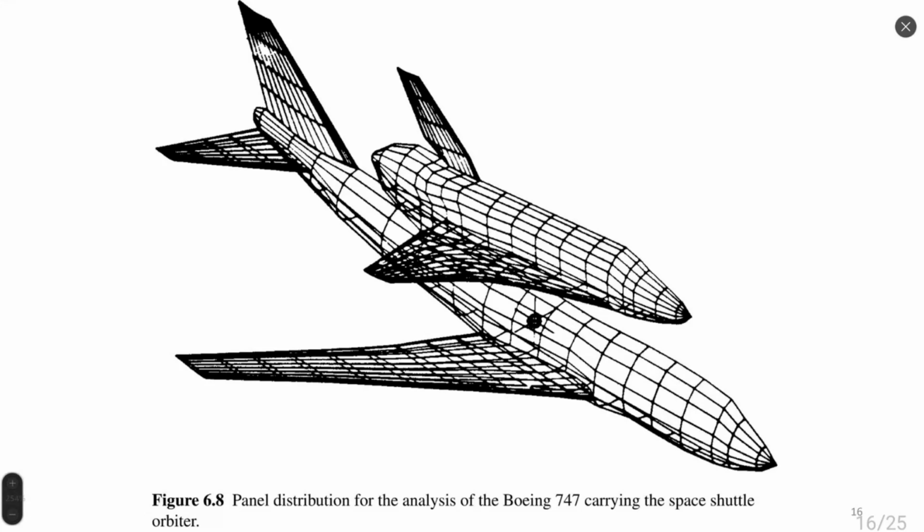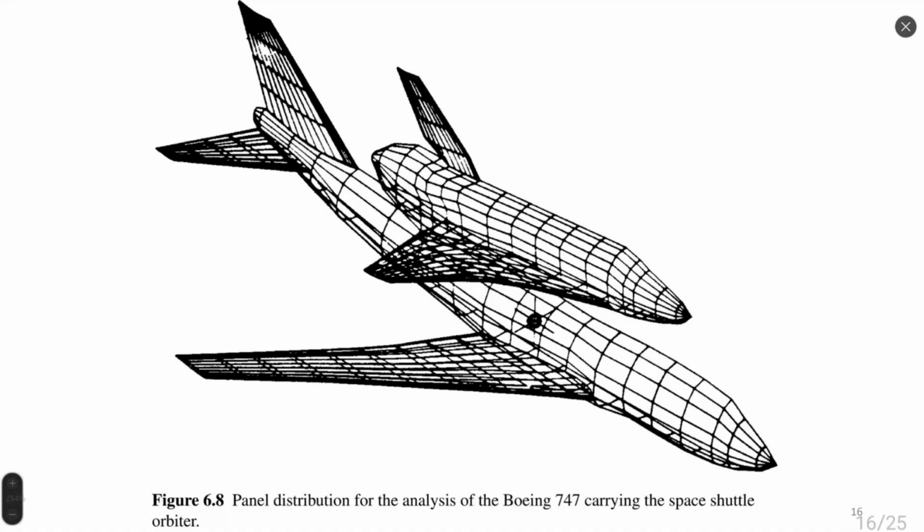You can see here a picture from a very old study of design of transportation of the space shuttle by Boeing 747. Such a task of transportation is extremely important because it was produced in one place, launched in a different place, and then landed in a different place, and should be transported from one place to another.